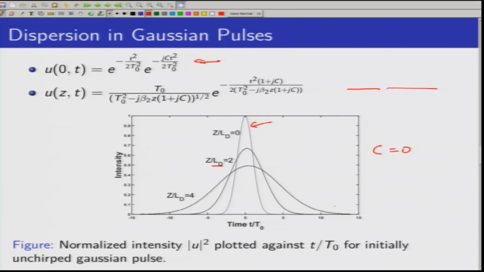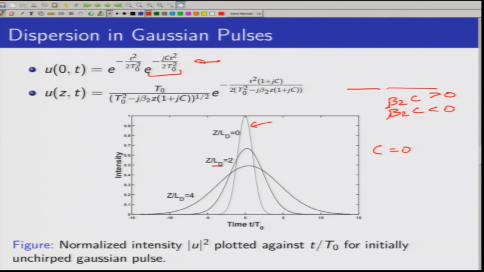If the pulse is initially unchirped, the dispersion induced chirp is linear. We can see the instantaneous frequency would come out to be linear over a time scale. However, if we have some chirping, then things get interesting, because then we have to see whether beta 2 c is greater than 0 or less than 0. If beta 2 c is greater than 0, then we will still have a monotonically increasing chirp parameter, and that would signify that the pulse will still broaden.